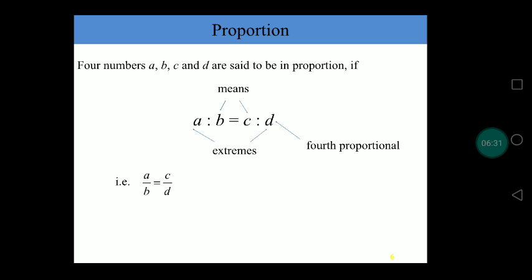Proportion is when two ratios or fractions are equal. Such numbers with equal ratio are said to be in proportion. So look at here, AD is equal to BC. You use the formula of product of extremes and product of means. Means product of extremes is always equal to product of means.